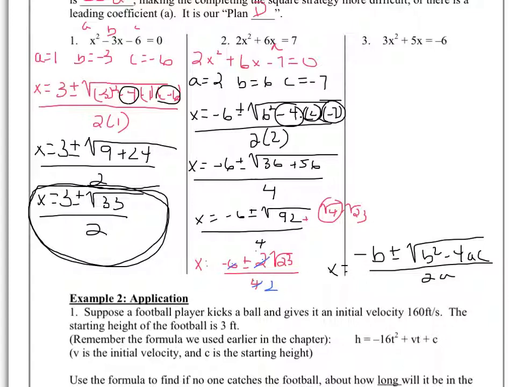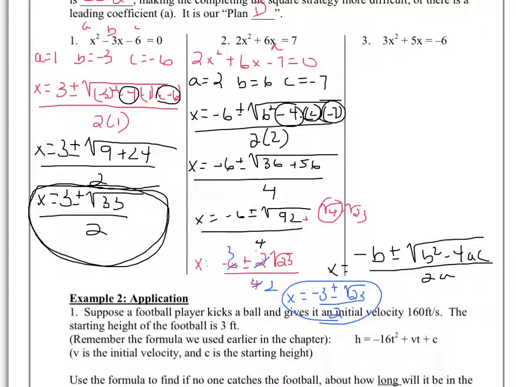And negative 6 divided by 2 is negative 3. So then here my final answer is going to be negative 3 plus or minus, don't need to write 1 because it's the same, square root of 23 over 2. Okay, this is in simplest form.